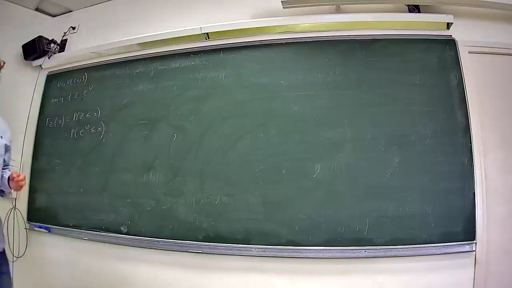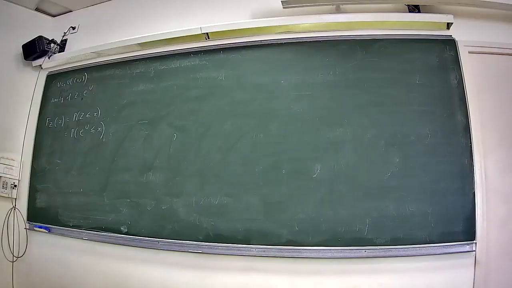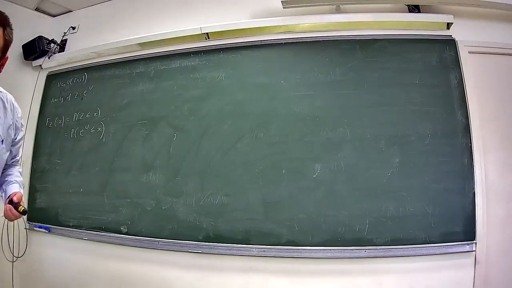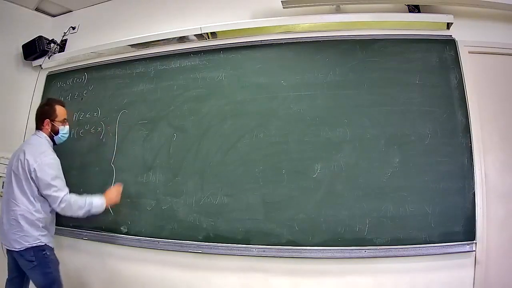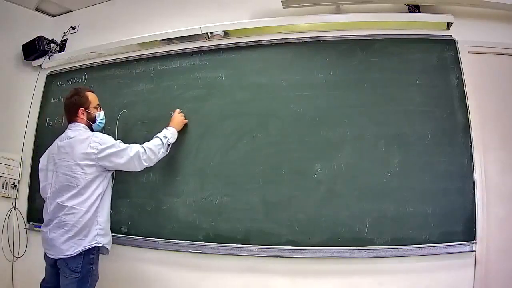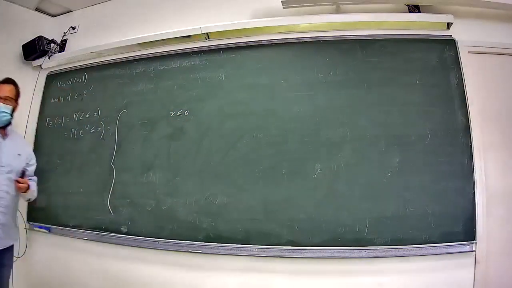So, there is one case that is obvious. Which one? One case where it is very simple to compute this probability: where x is smaller than or equal to 0. What happens in this situation?